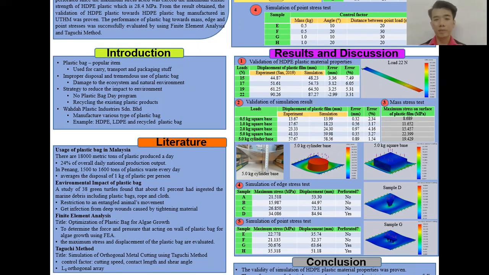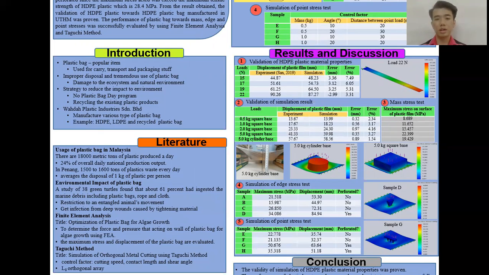At the maximum load applied, 22 newtons, the displacement of the plastic bag for the experiment was 90.26 millimeters, and for the simulation it is 87.27. It's about 3 mm of error, and the percentage of error was 3.31. And the figure at the right side shows the simulation result for the load with 22 newtons applied.